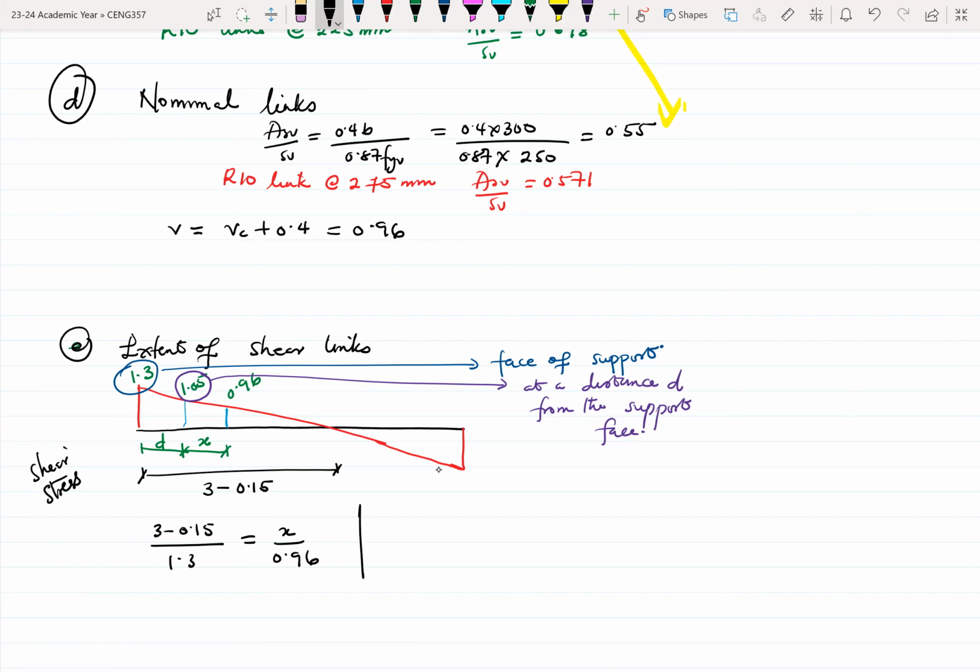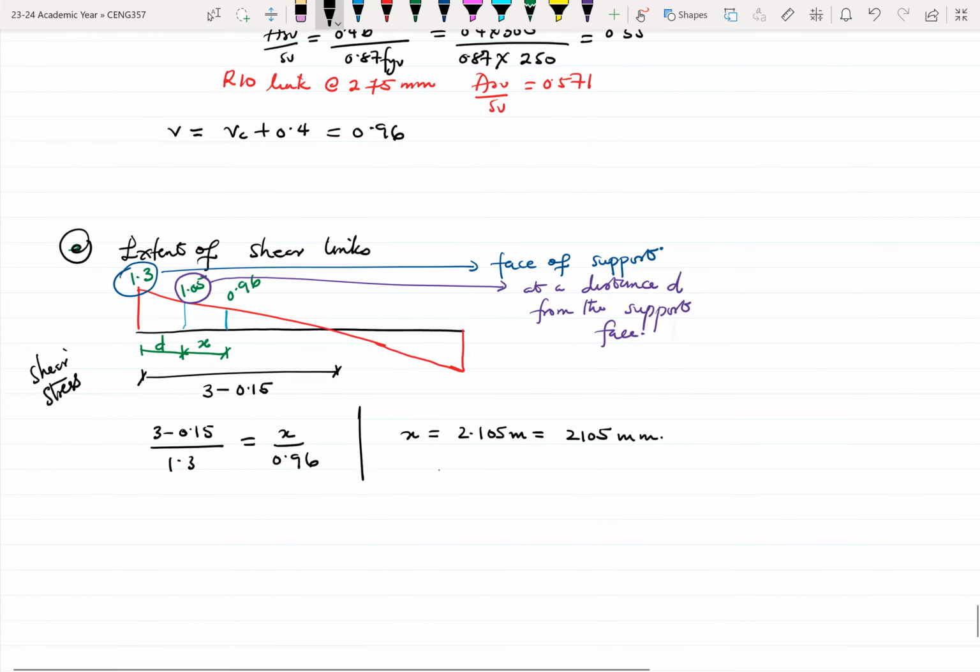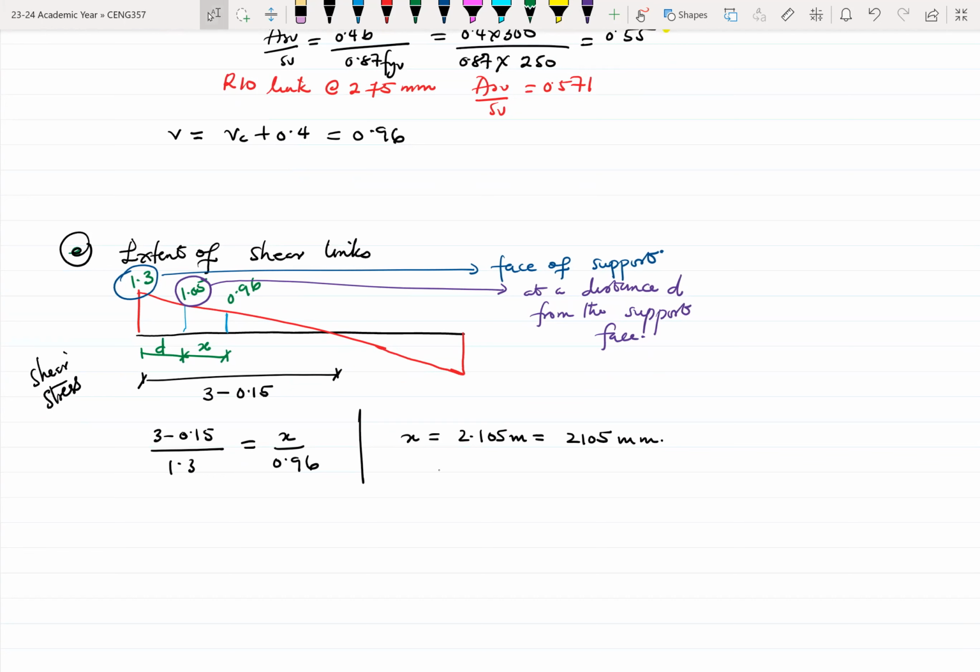So here, if we are to make x the subject, then x is equal to 2.105 meters, which is the same as 2105 millimeters. Okay, if we have that, we can use that information to find our spacing.